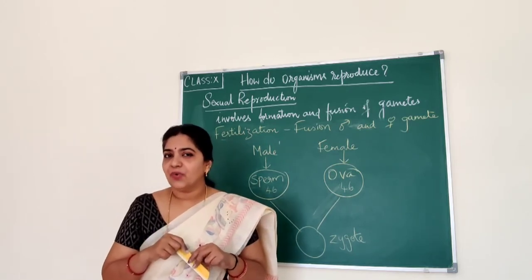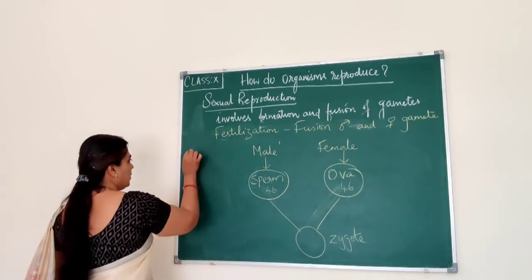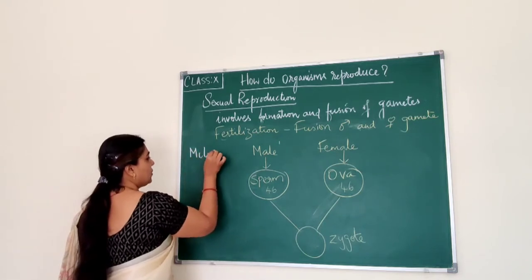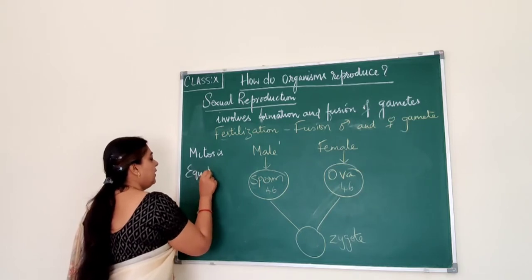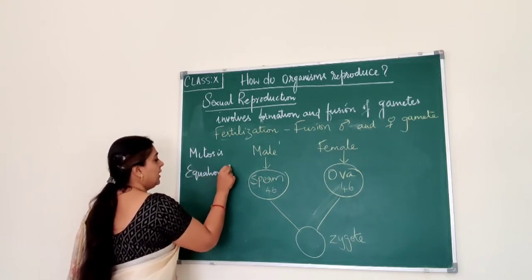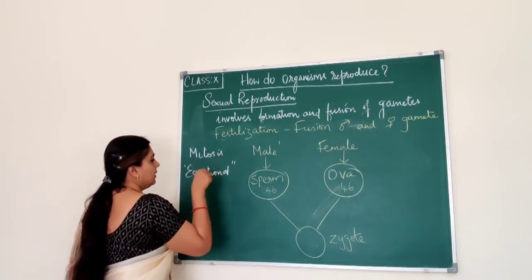Mitosis cell division is what? Mitosis cell division is called equational cell division. Try to understand.